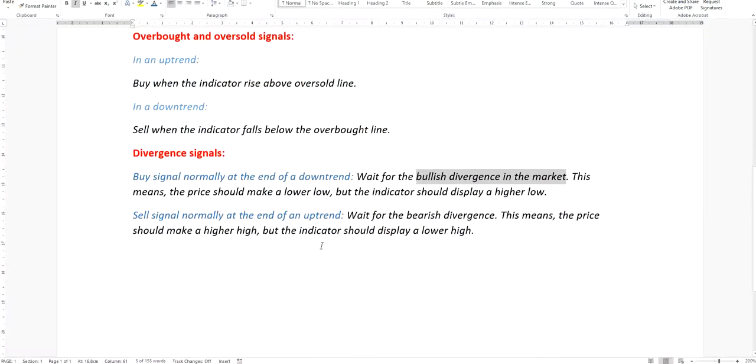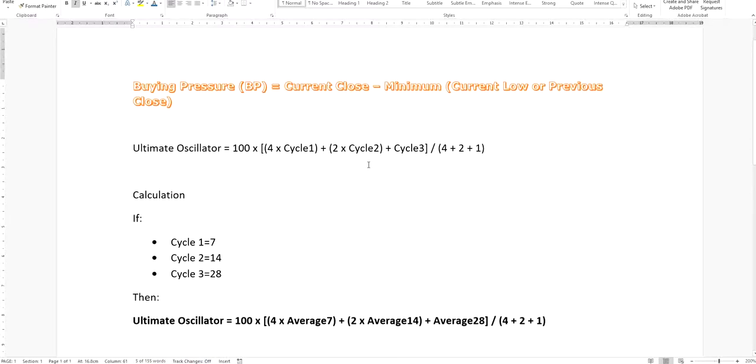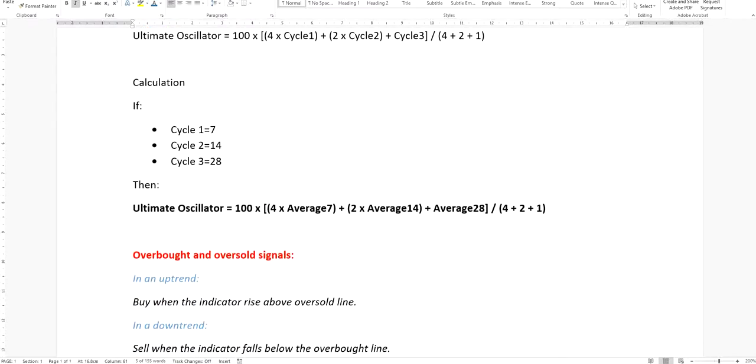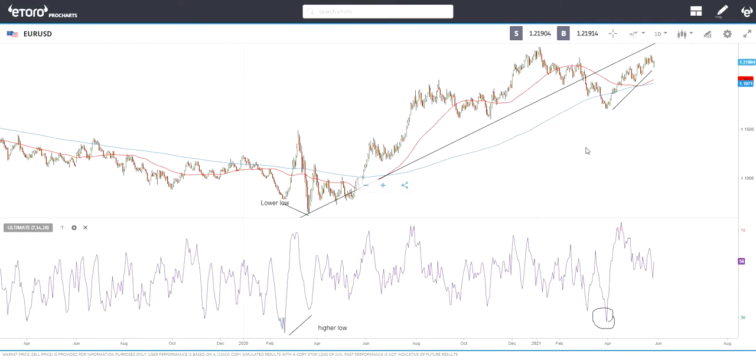So yeah, that was all I could say about this indicator. Very nice, very powerful. I used to use it a lot before. I'm using other indicators at the moment, but as you can see, if you have an eye on this one, it gives you some very good signals, but you should be patient.